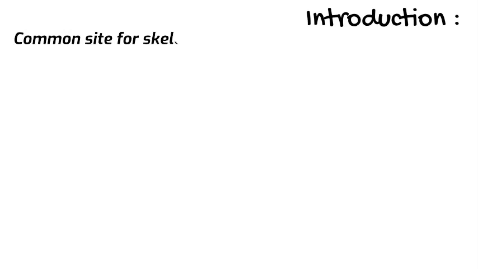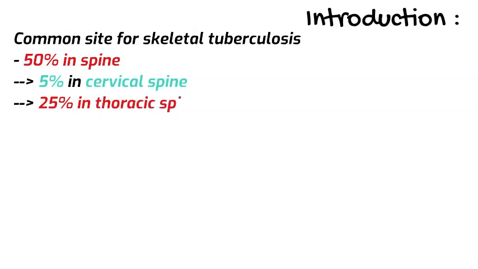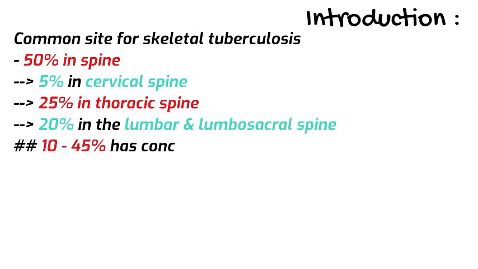As an introduction, common site for skeletal tuberculosis, 50% are in spine, 5% in cervical spine, 25% in thoracic spine, 20% in the lumbar and lumbosacral spine. Around 10 to 45% has concomitant neurological deficit.